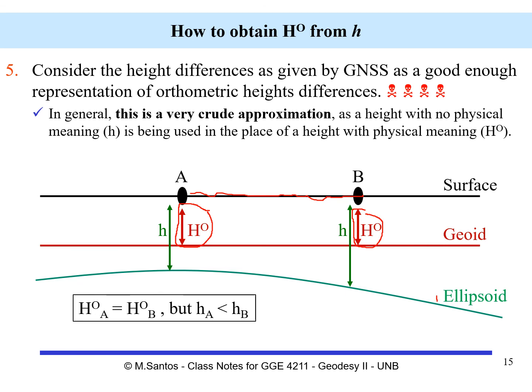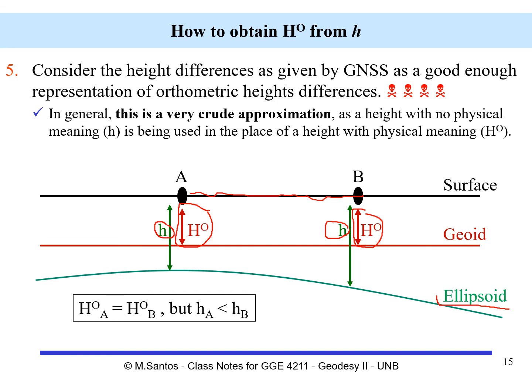But the ellipsoid, we know the ellipsoid is not parallel to the geoid. Therefore, the geodetic heights of points A and B, in all likelihood, will be different. And with an even increasing likelihood, they will be very different.